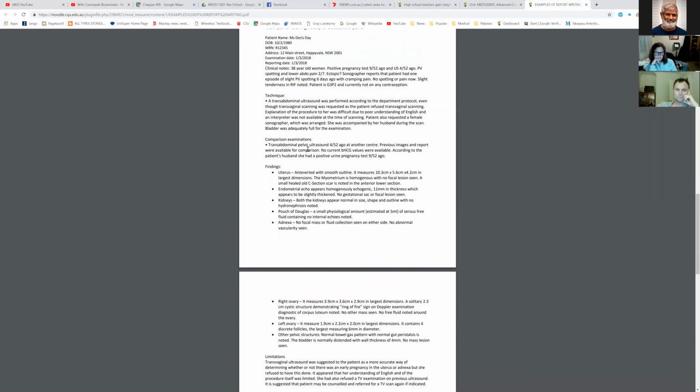Comparison: transabdominal pelvic ultrasound 4 weeks ago at another center. Previous images and reports were available for comparison. No current beta HCG values are available. According to the patient's husband, she had a positive urine pregnancy test 9 weeks ago. Okay, but we don't know. It's according to the patient.